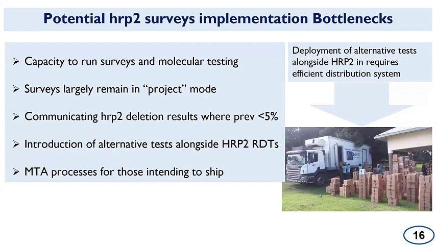So in some cases, you may consider introduction of alternative RDTs alongside the HRP2 RDTs. So you have got two distribution systems and the alternative RDTs are going to regions where deletions have been detected. So you have got to have an efficient supply chain system.